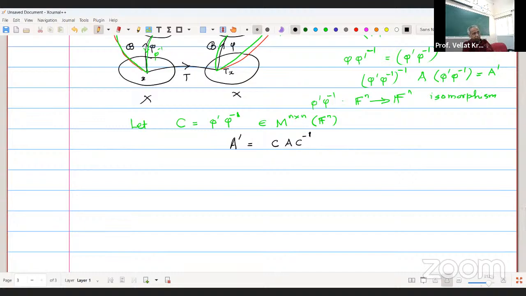So the two n by n matrices are connected through an invertible matrix C. Okay?